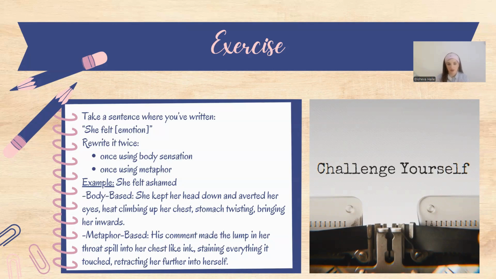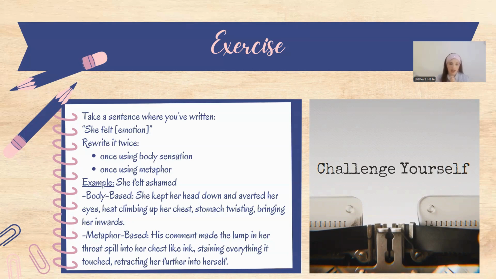And rewrite it twice, once using body sensation and once using metaphor. When you're writing using the metaphor, you're still grounding it in the body, so make sure that you do that. Still write it twice: the first time only based on body sensation, and the second time, also add a metaphor.